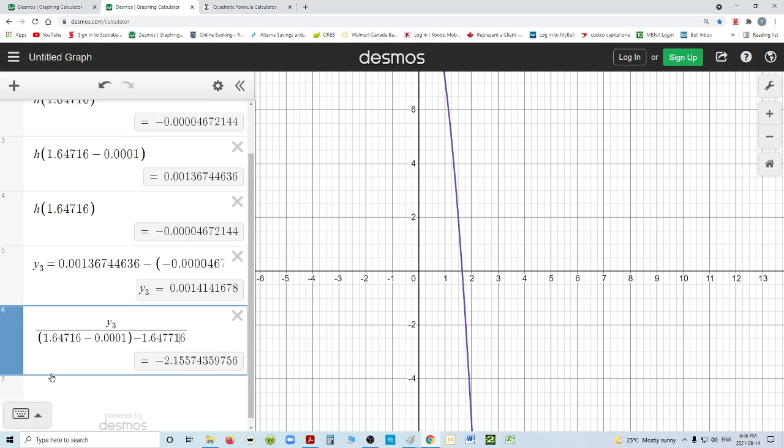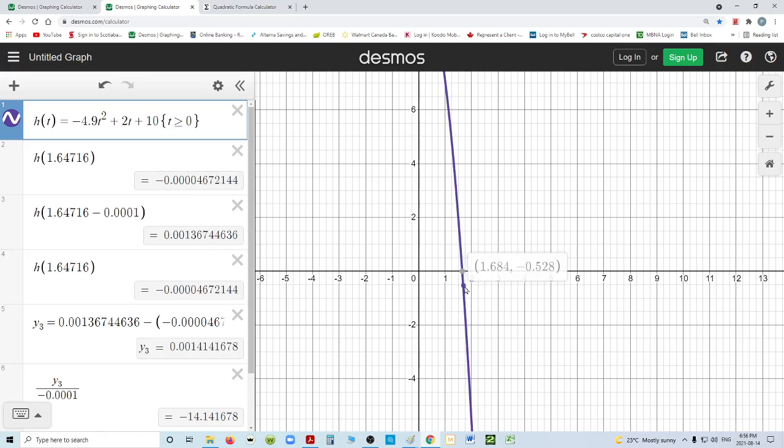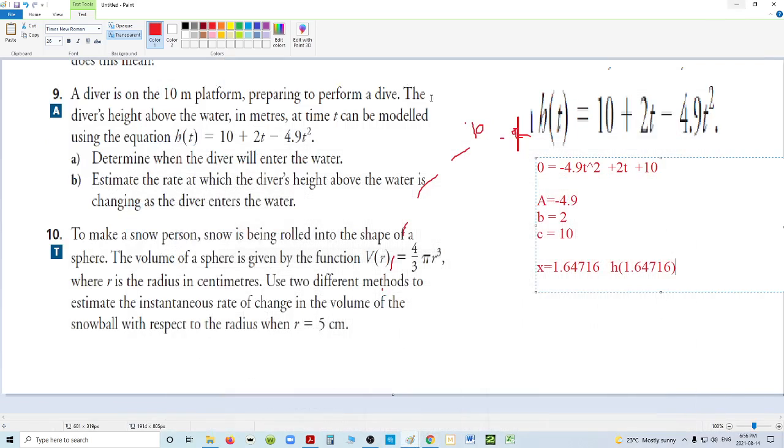And you can quickly see that this one, when you remove the brackets, cancels out this one. Which leaves that. So there's my downwards rate of change. So just before he's hitting the water, he's going 14.14 meters per second.